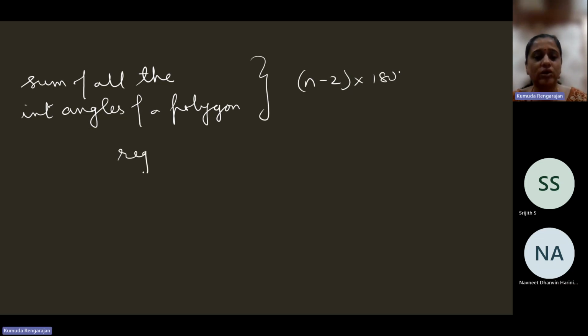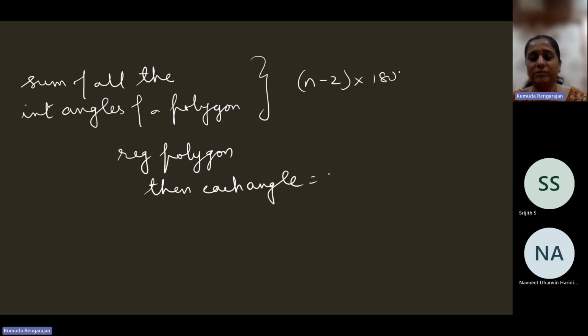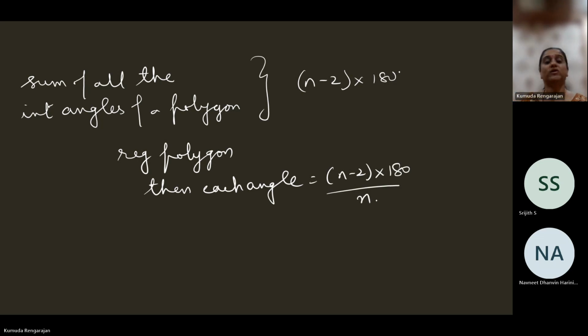Now, if this is a regular polygon, then each angle will be equal to n minus 2 into 180 by n. Because the sum of all the angles is n minus 2 into 180. Now it's regular, that means all the angles are equal.